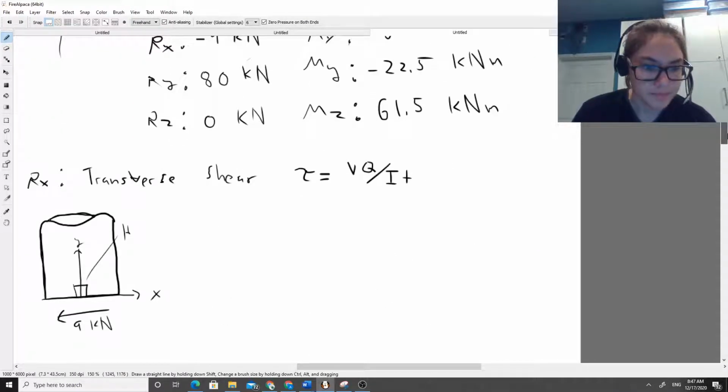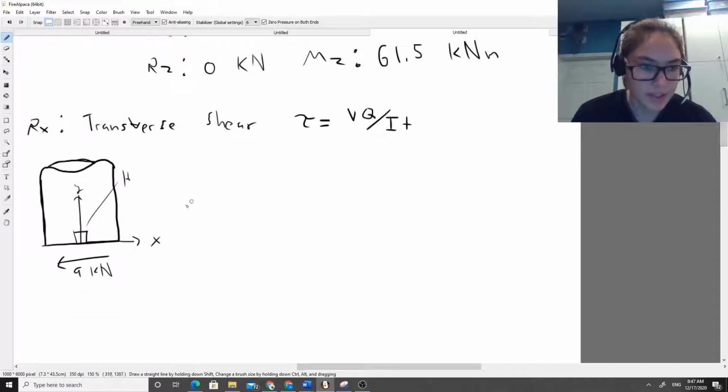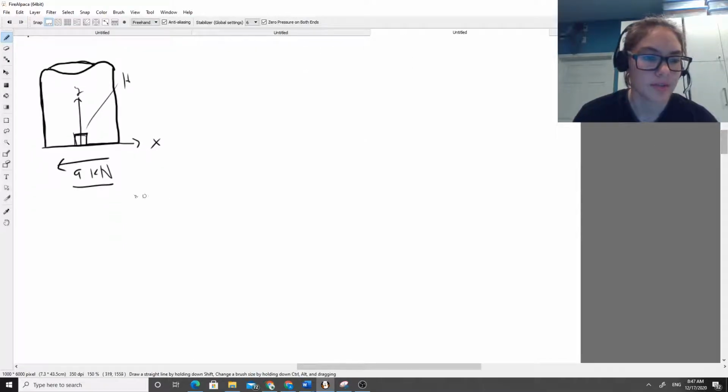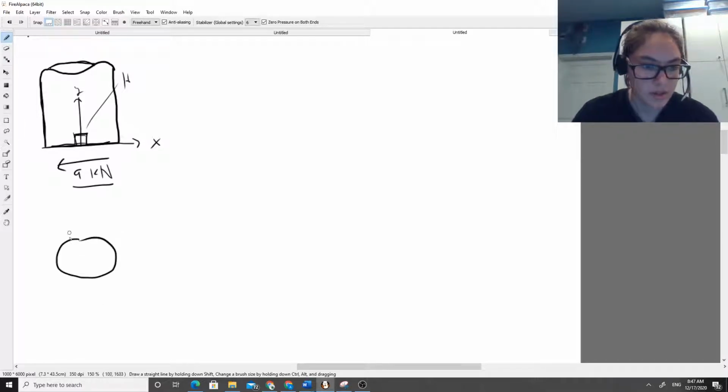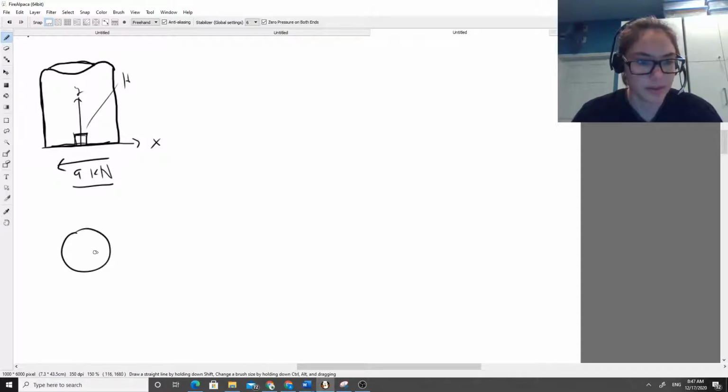We have to figure out how this force puts how much stress directly on that point. So I'm going to draw another drawing of this, the bottom view. If we take this and flip it so we can see the bottom view. Oof, that's an awful circle. Okay, there we go. And we can see the bottom view.